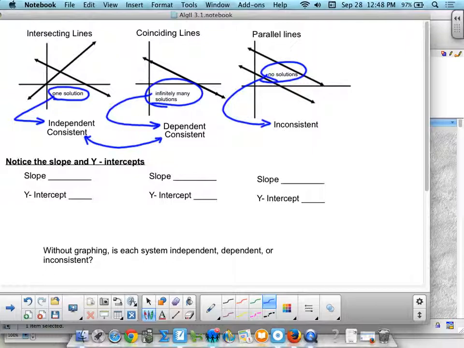Now, here's what I want you to notice. Look at these and notice the slope and the y-intercept. Except for number 1. Throw this one out. We don't even need it. All I want you to tell me is this. When you have an intersecting system going on, like this, what can you tell me about the slope of those 2 lines? One's positive, one's negative.